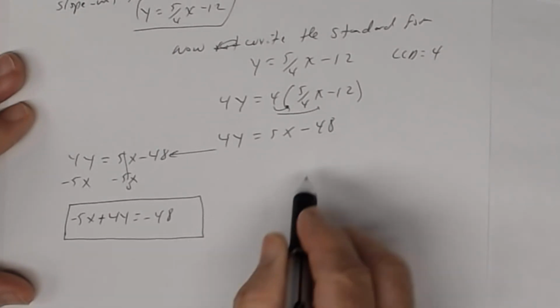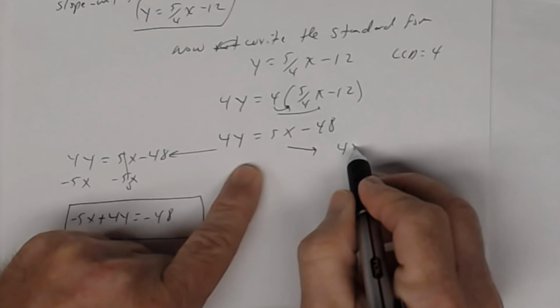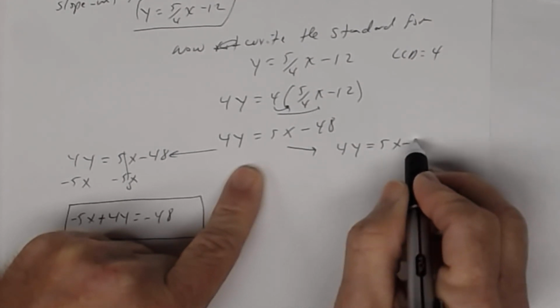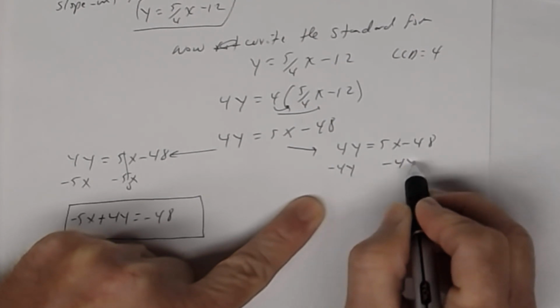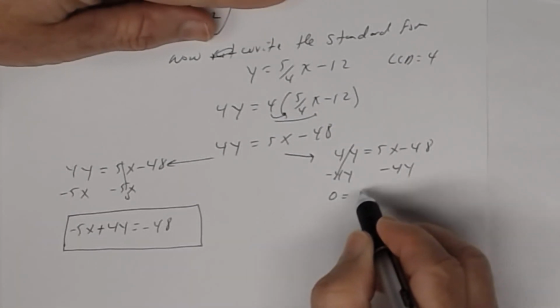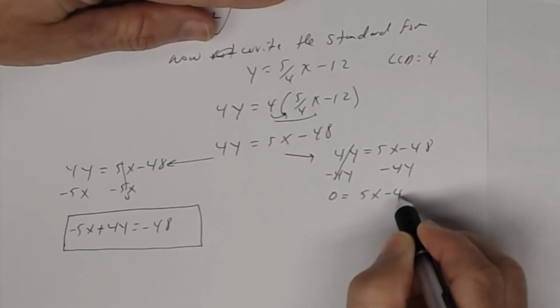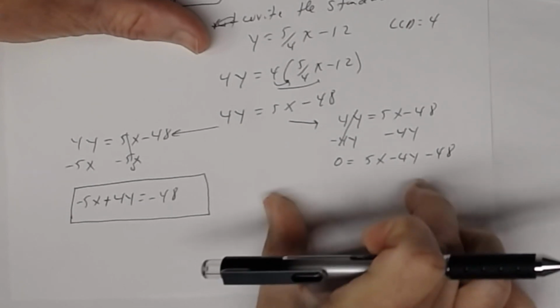Okay? Someone else could have done this. Let me go ahead and rewrite this over. Someone else could have said, well, I'm going to subtract 4y from both sides. That's perfectly fine. 4y minus 4y is 0 equals 5x minus 4y minus 48. But remember, you got to have variable on one side, constants on the other.